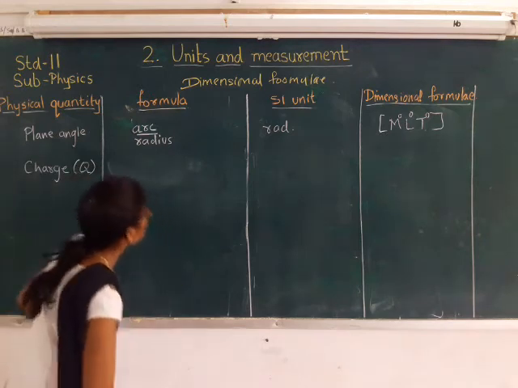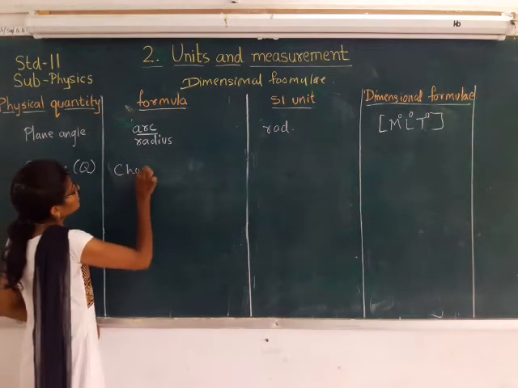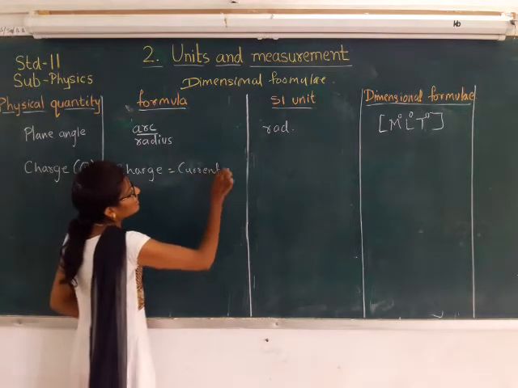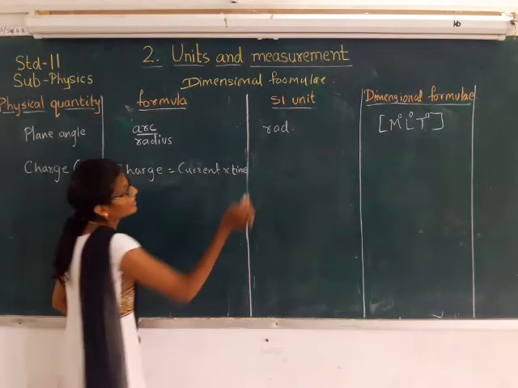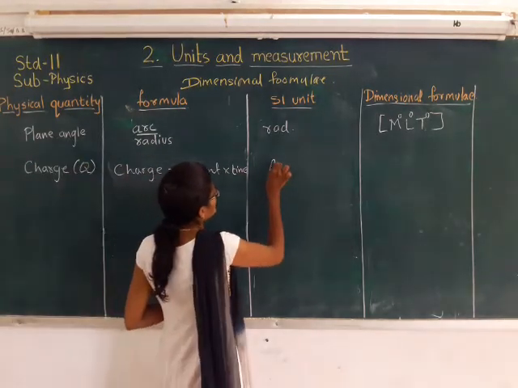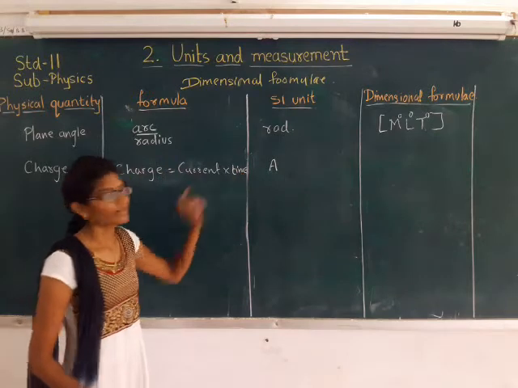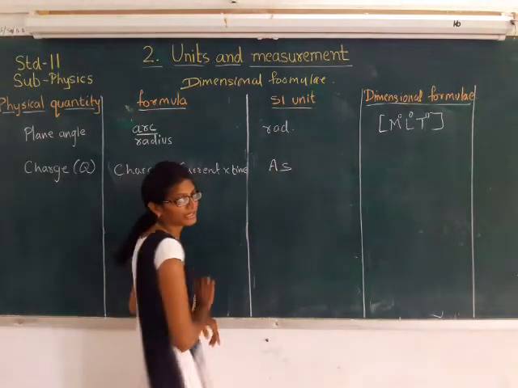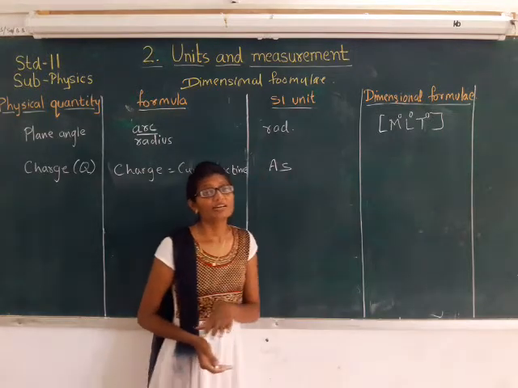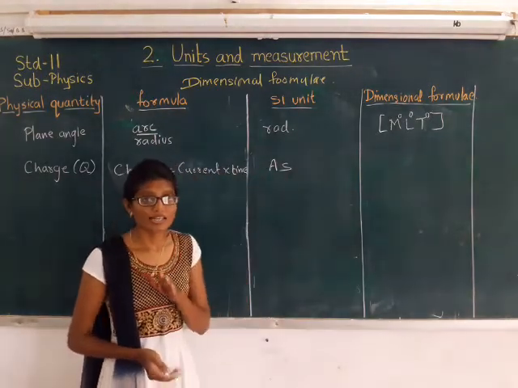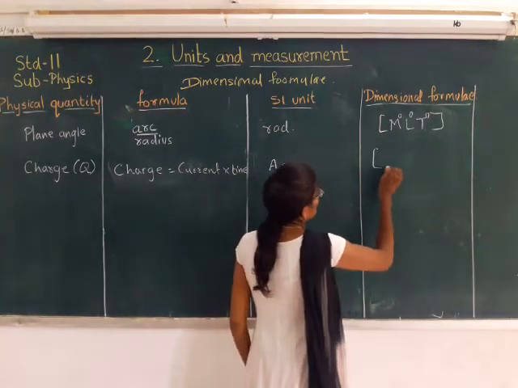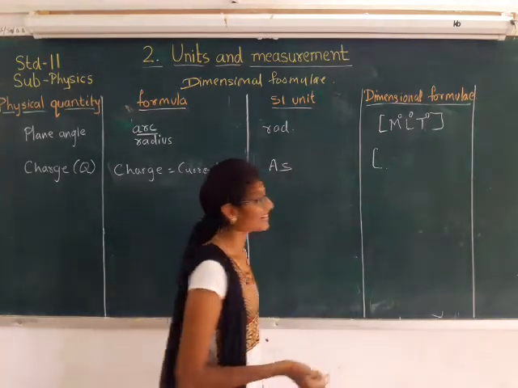So charge is equal to current into time, right? Now see, unit of current, that is ampere, unit of time, that is second. Now what I said, whenever we are taking any electrical concept, any electrical related physical quantities, then we need to add the unit for the electric current.